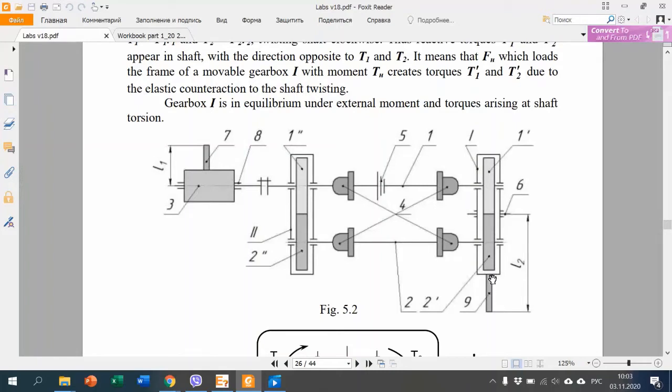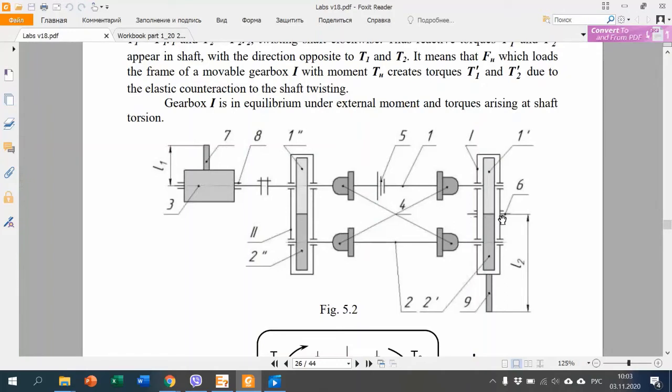If we turn the frame, the frame acts on the bearings, bearings act on the wheel, shaft on wheels, and wheels create the forces in the gearboxes between teeth.